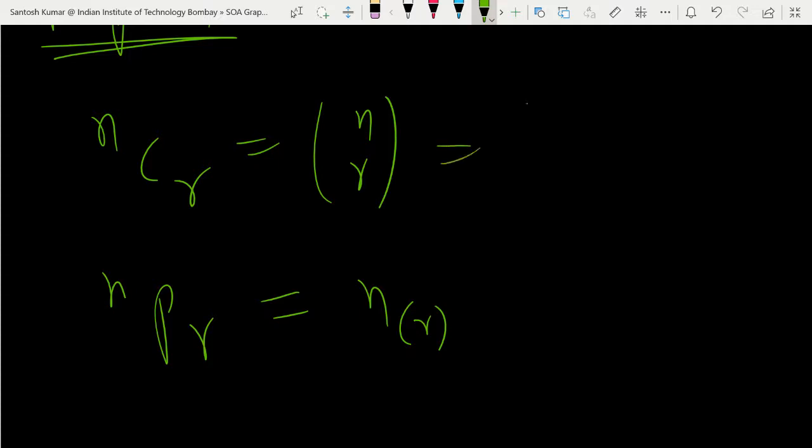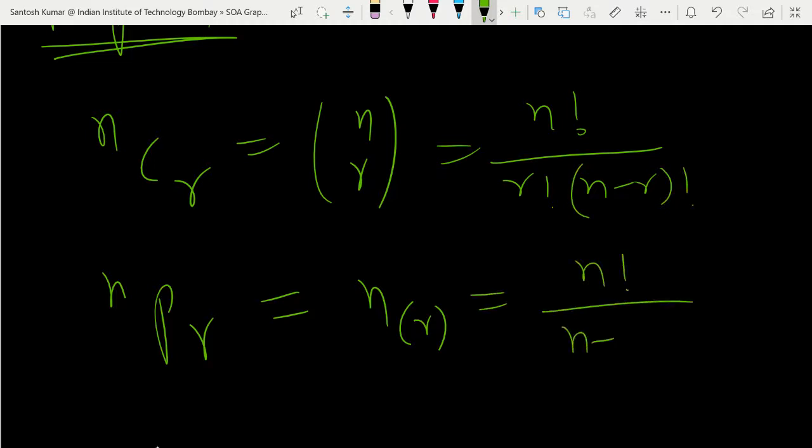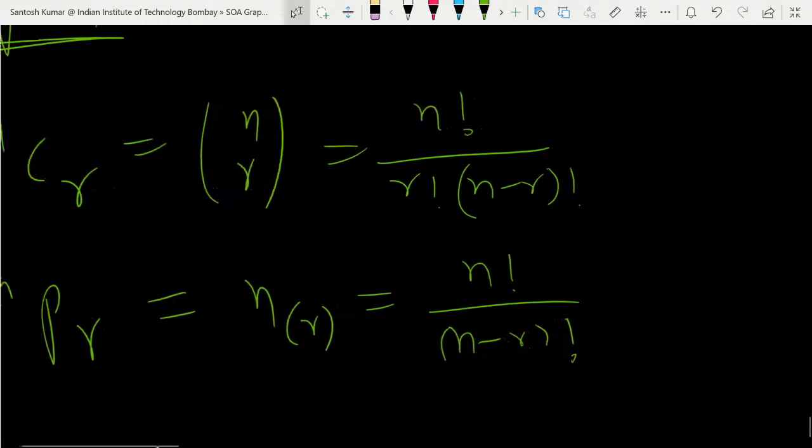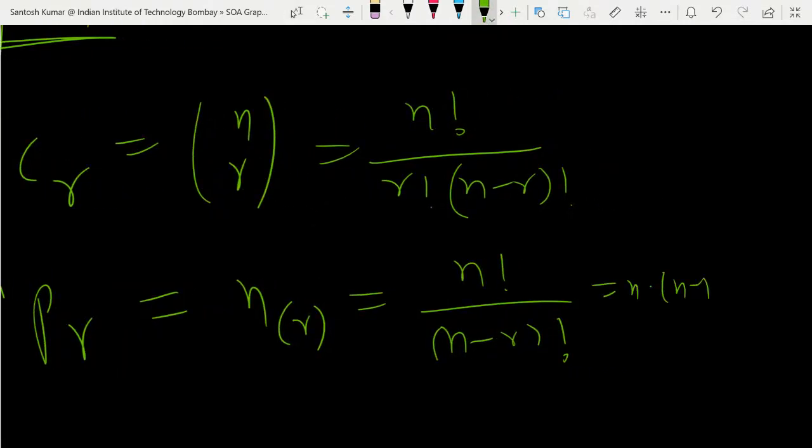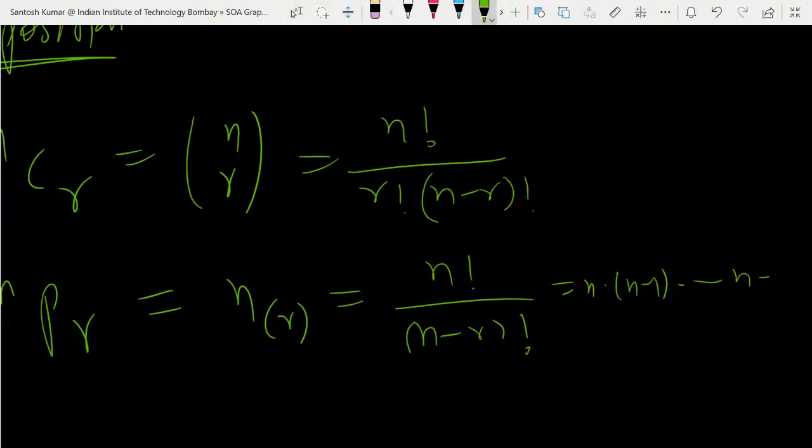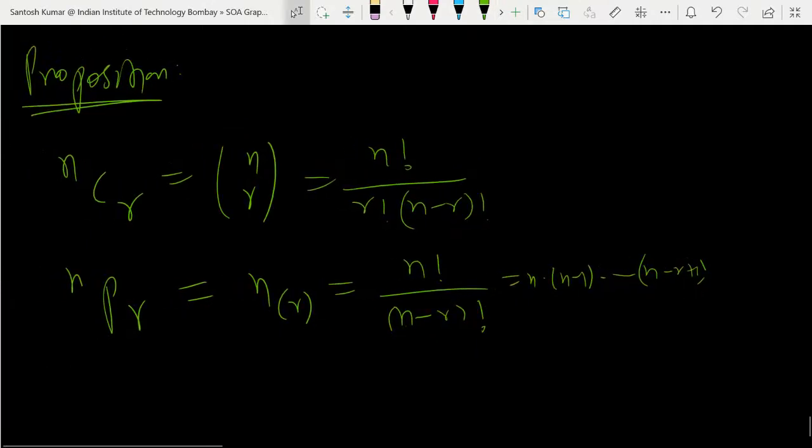Right? So the formula, you see, is n factorial over r factorial times n minus r factorial. And for the permutation, n factorial over n minus r factorial. Or otherwise, if you open this, it is n into n minus 1 and it goes till n minus r plus 1. Okay, so this is the notation. n suffix r is the permutation of n objects taken r at a time. And this we call the combination of n objects taken r at a time.